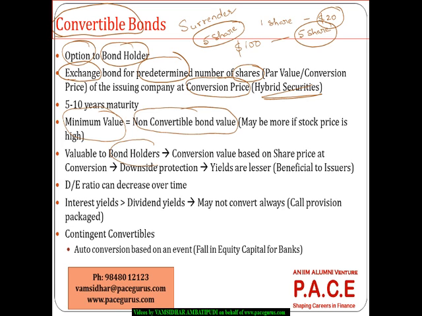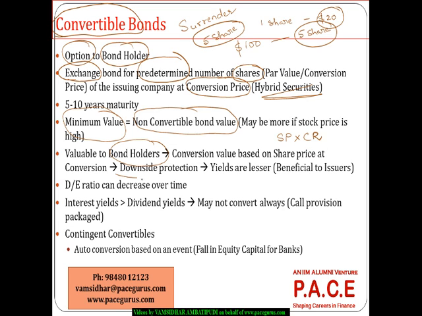So we could clearly see that it is a benefit to the bondholders. Whatever the conversion value is, the shareholder is going to get an amount equal to the share price on the conversion date multiplied by the conversion ratio, the number of shares that he has received by sacrificing one bond.